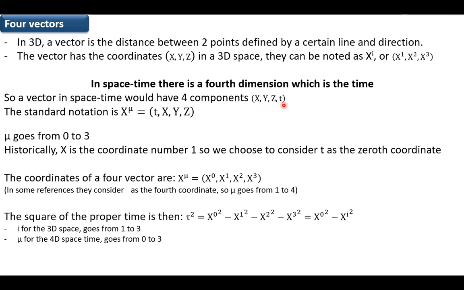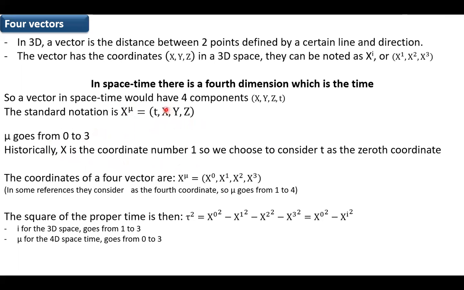Now, the standard notation in special theory of relativity is to put them in this order as x^mu, as t, x, y, and z. And mu is an index that goes from 0 to 3. Because historically, x has been considered always as the number 1 coordinate.